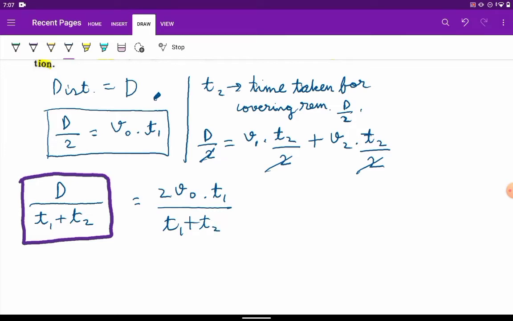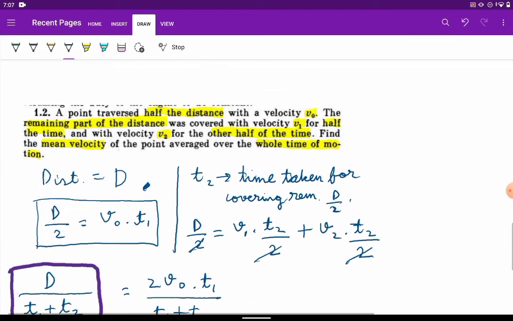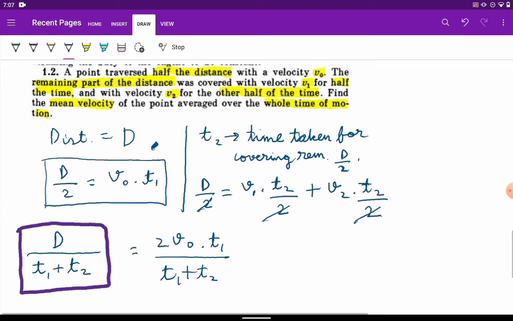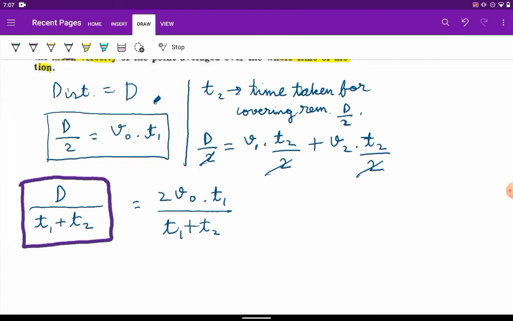Now we need to write t2 in terms of t1, so that it is in terms of v0, v1 and v2, because we need to find the mean velocity with respect to only v0, v1 and v2 given in the question. The numerator came from equation 1.